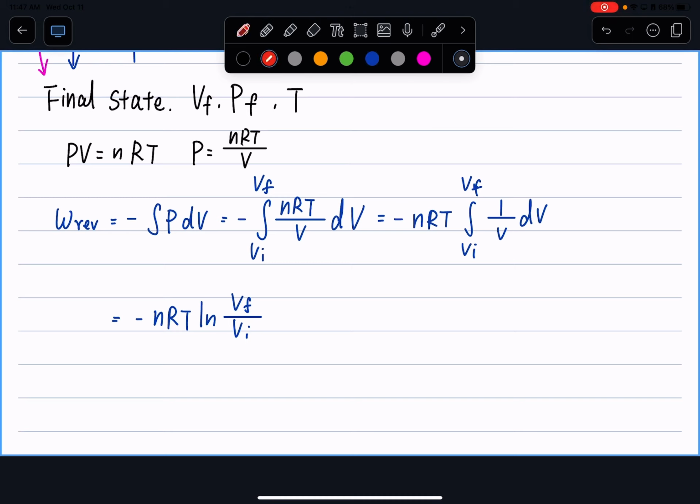If we look at the sign, we have V final larger than V initial for an expansion, so your work reversible is a negative number, because we have this negative in front. What it means is your system is doing work on the surroundings, so your work is a negative number.